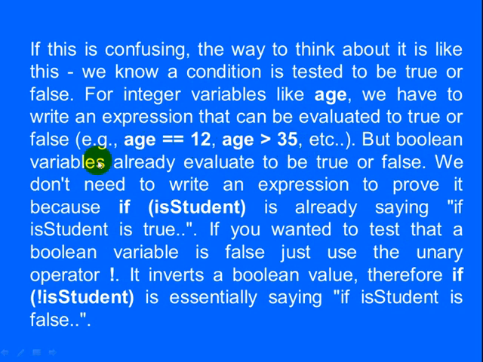But Boolean variables already evaluate to true or false. We don't need to write an expression to prove it, because if is student is already saying if is student is true. If you wanted to test that a Boolean variable is false, just use the unary operator not. It inverts a Boolean value. Therefore, if not is student is essentially saying if student is false.